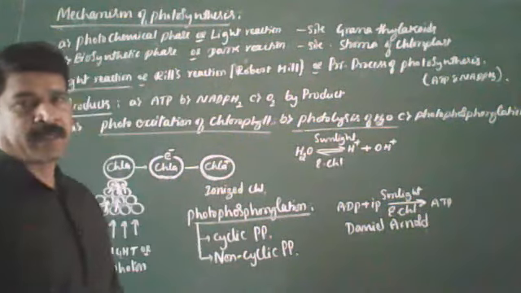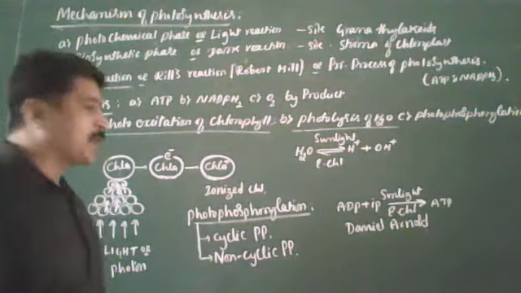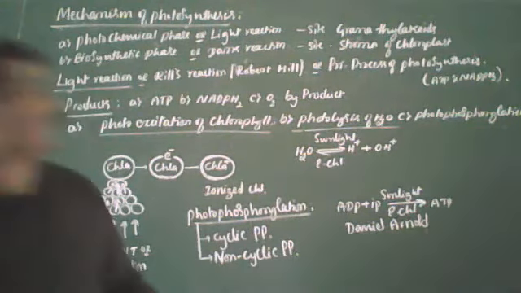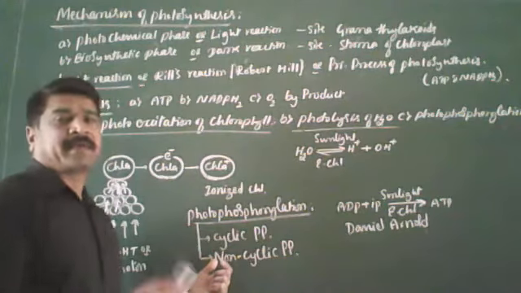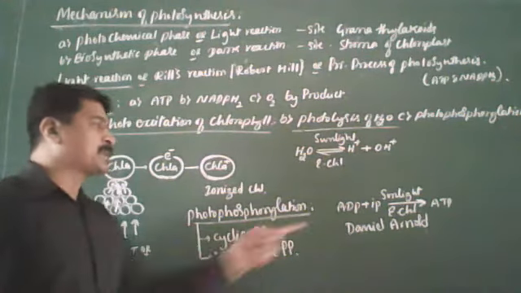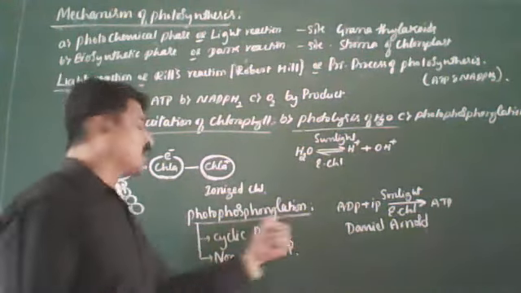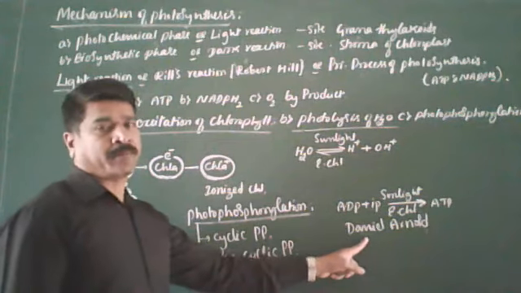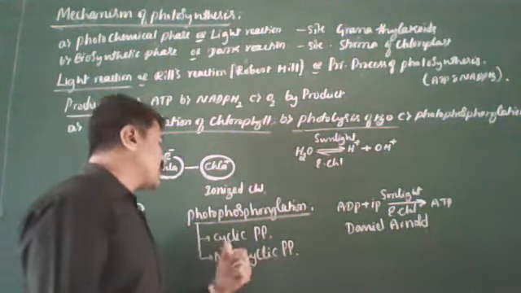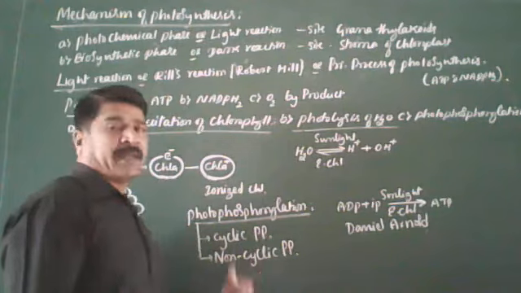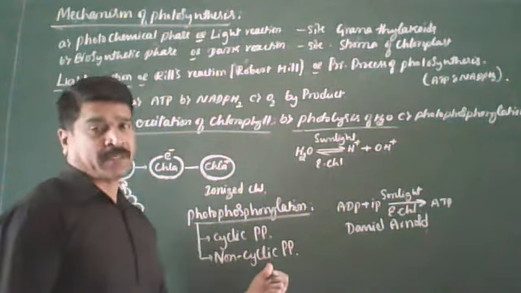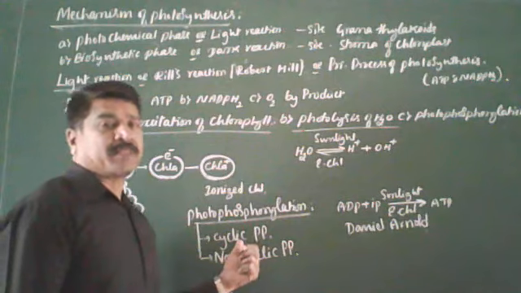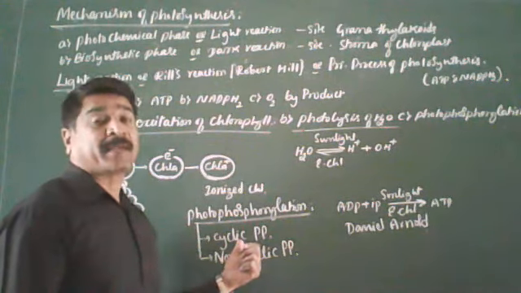I'll repeat once again. The process of formation of ATP from ADP and inorganic phosphate in the presence of sunlight and excited chlorophyll is called photophosphorylation. It was first discovered by Daniel Arnold. It is of two types: cyclic photophosphorylation and non-cyclic photophosphorylation. So first we'll go for cyclic photophosphorylation. I'm going to explain this with the schematic representation.